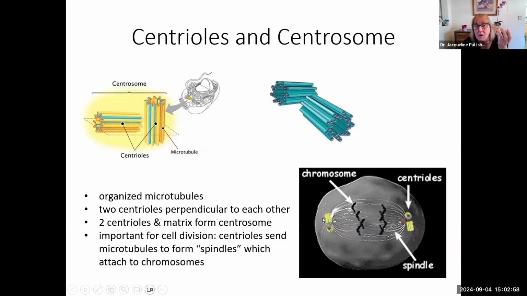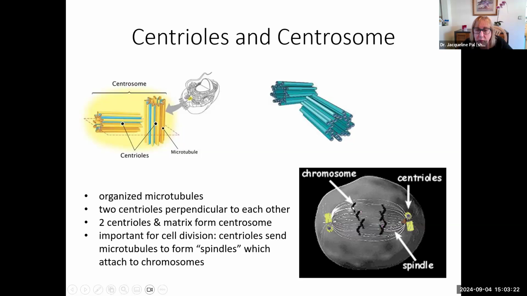So when we are talking about mitosis and meiosis, this is going to be involved. We have the little centrioles at each end, each pole of the cell, and from them, they are going to send microtubules shooting out that are going to be attaching to the chromosomes, which are lined up in the middle of the cell.